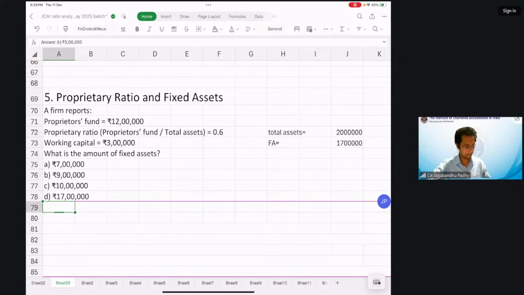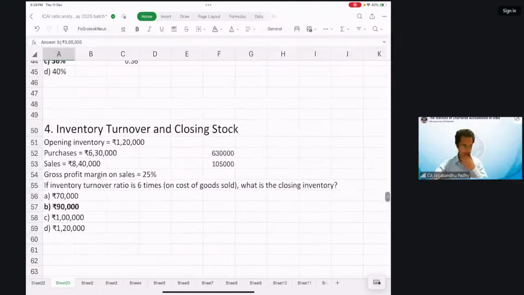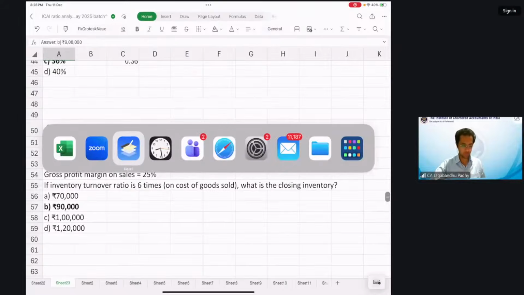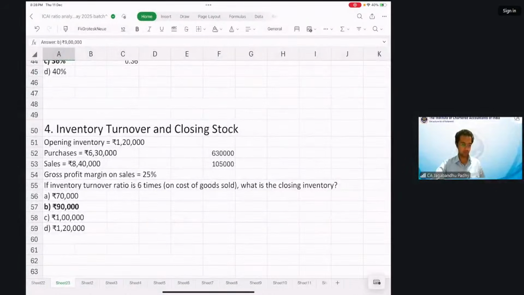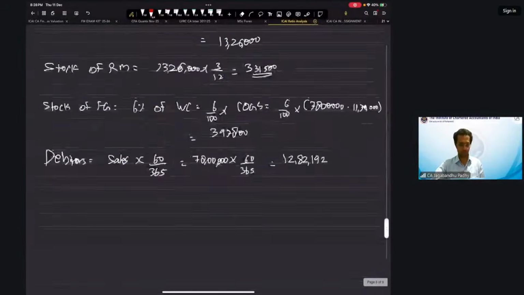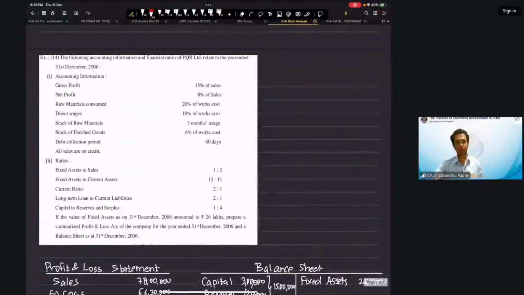Yes, sir. Nagaraj, sir, previous question. Which one? One minute, sir. MCQ or the fully solved? MCQ. This question.